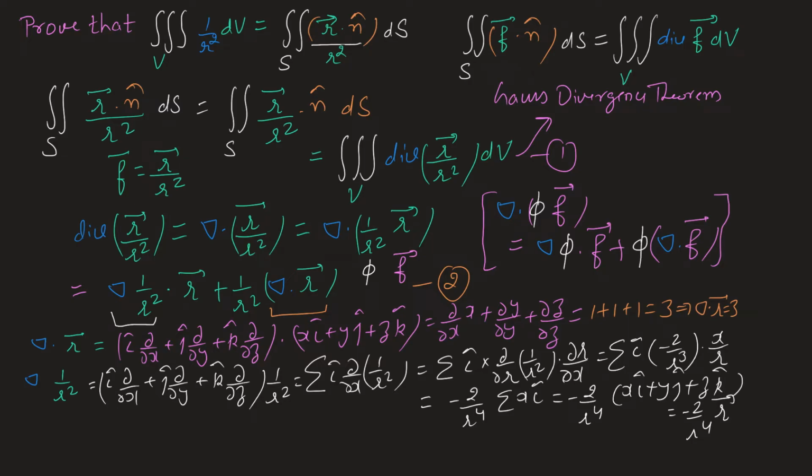Now we have obtained the value of del dot r, and this is the value of del 1 by r square, equal to minus 2 by r to the power 4 times r vector.